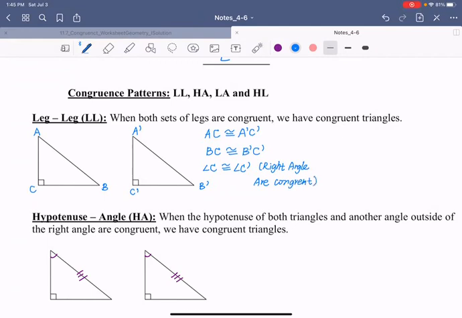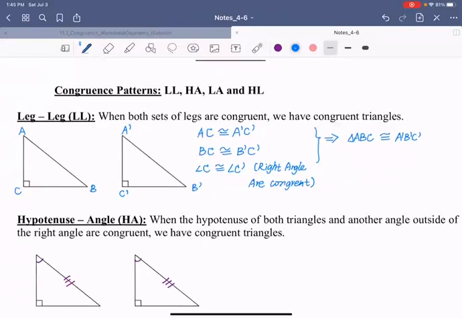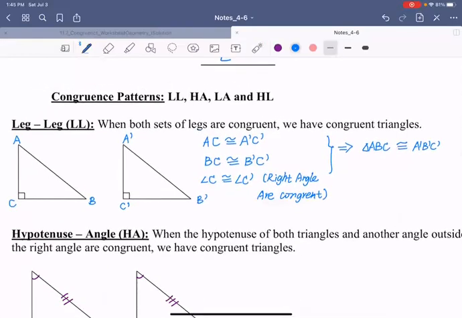These three together tell you triangle ABC is congruent to triangle A prime B prime C prime. This is called SAS, right?